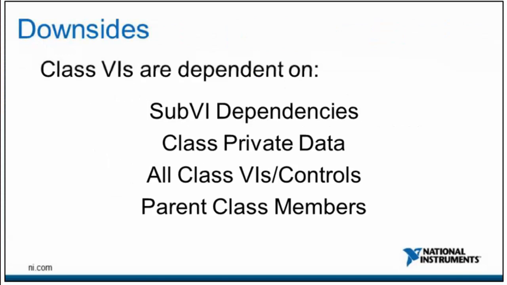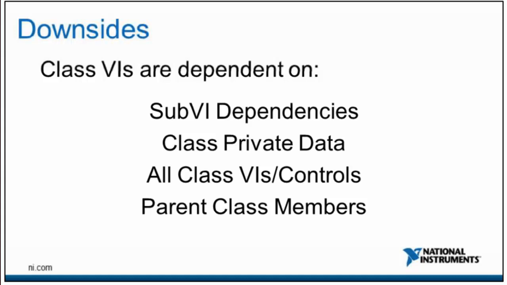To start, a class VI, or really a VI outside of a class that's just in your project, has sub-VI dependencies, not class private data, and that's it. When inside of a class, you add class private data as a dependency, so that's controls in your class private data.